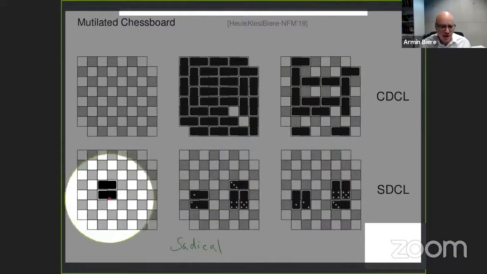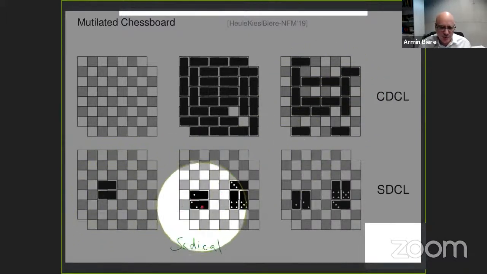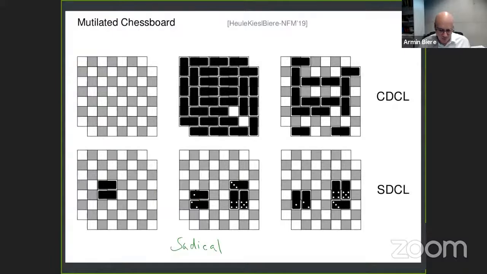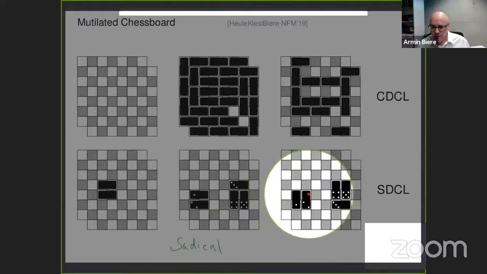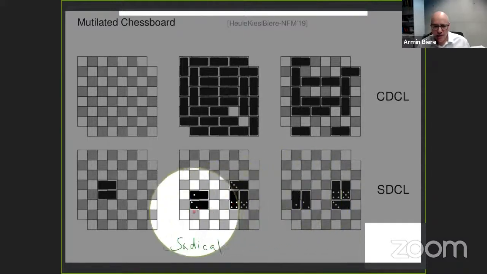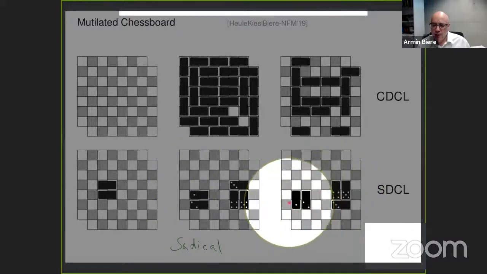The SDCL solver can learn clauses which mean that if you have a covering which has such a shape, then you don't need to search for a covering which has this shape, because these two are indistinguishable. If I flip these two dominoes around, the rest of the situation will be exactly the same.